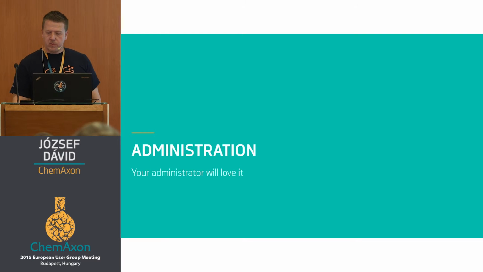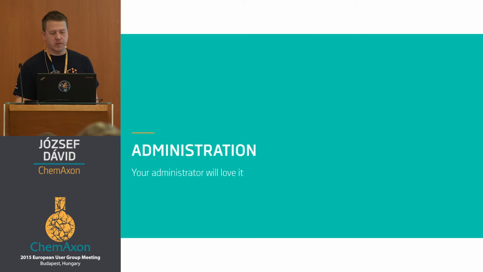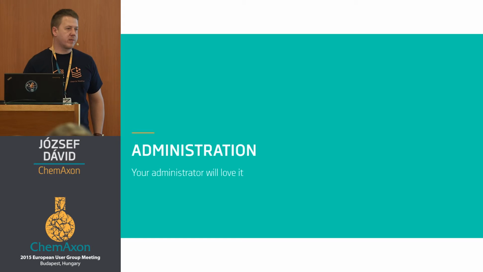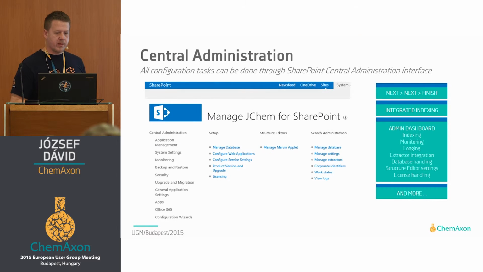And I would like to show you a slide about the administration, because JChem for SharePoint is a server-side product, and as with server-side products, the administration is, I think, a crucial point, because one misconfiguration can collapse the whole system for all the users. We considered it. This is why we have created only a next-finish type of installer, which is the MSI installer.